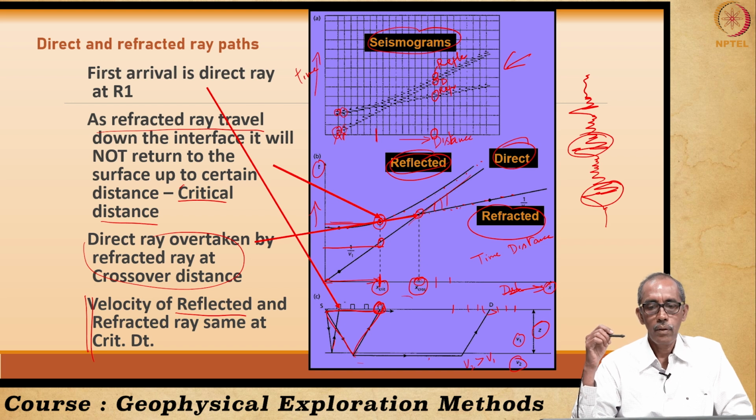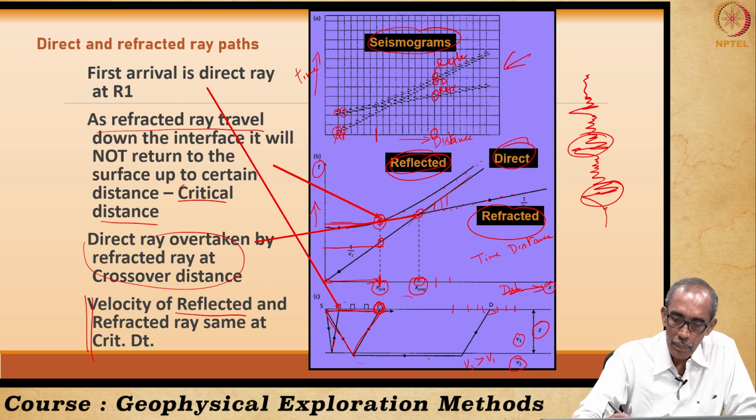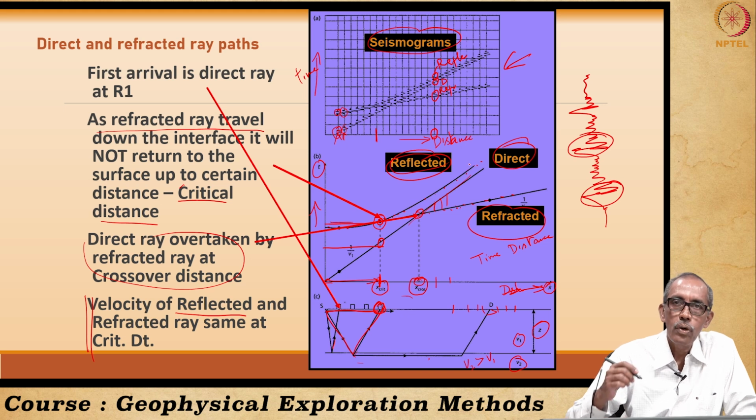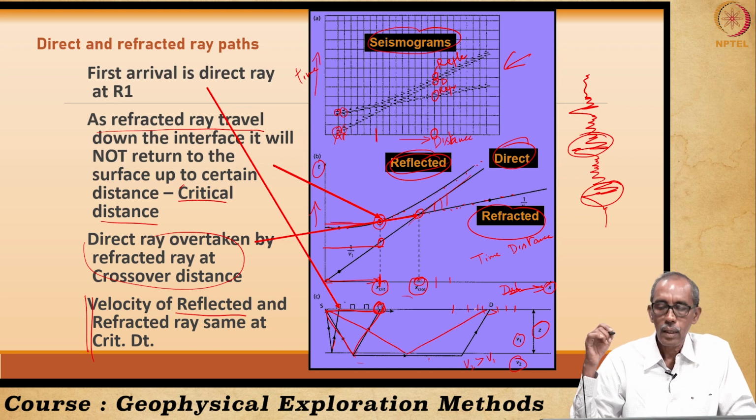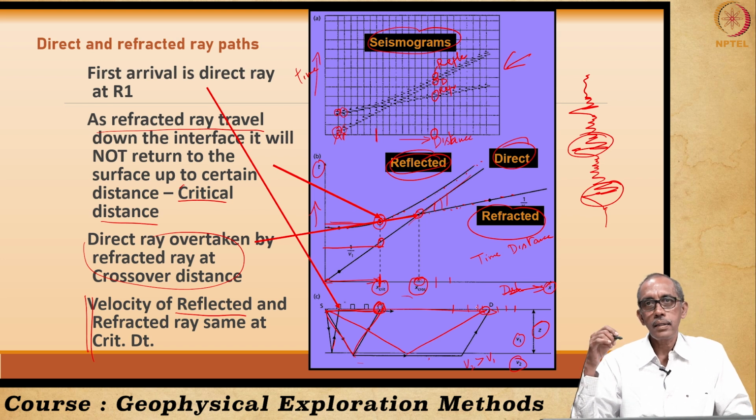At the critical distance, we have seen the arrival time of reflected and the refracted ray will be the same. Then beyond that, the reflected signal takes more time to reach the surface because it has to travel greater distance, whereas direct is reaching faster than reflected. Refracted signal is reaching much faster than the direct.